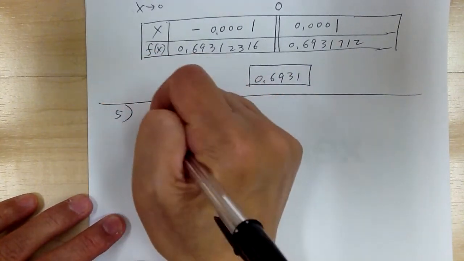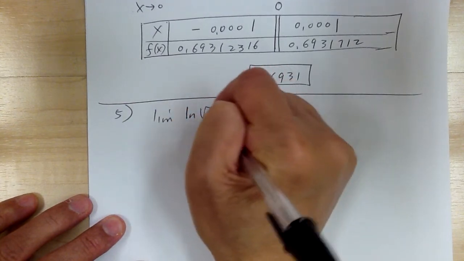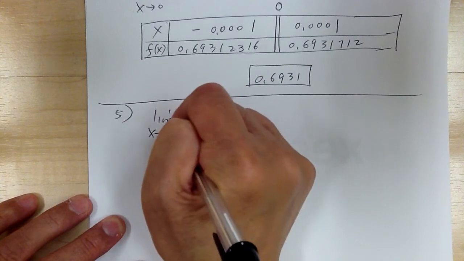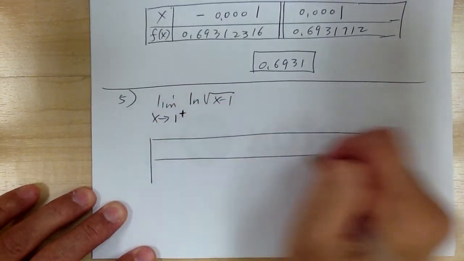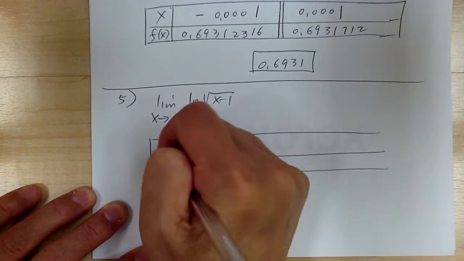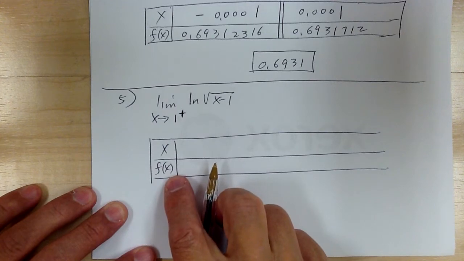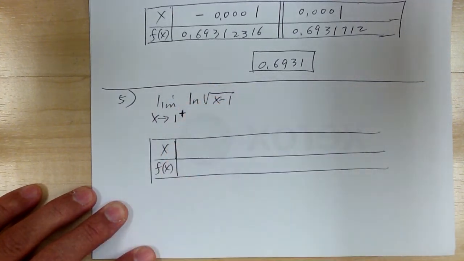Okay, number 5, you're looking for the limit of natural log of the square root of (x minus 1) as x approaches 1 from the positive side. So you've got to pay attention to these. So again, you got x and f of x. Now this one, you're approaching 1 from the positive side. So you can think about your number line.